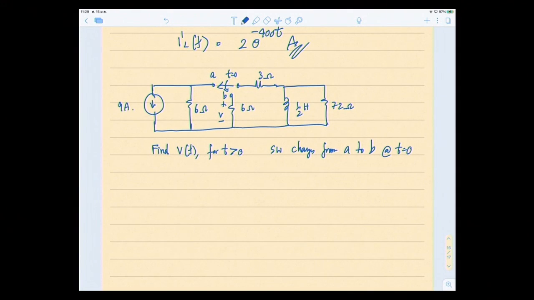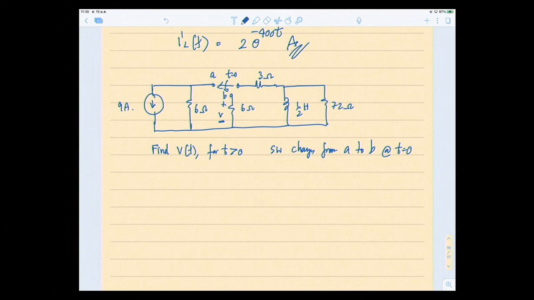Okay, so even though you realize that the question asks for the voltage drop across the 6 ohm, nothing to do with the inductor at all. But, as I told you, when you have a problem involving energy storage, involving a switch, some changes in a problem, you have to find out is there anything stored in that energy storage or not.